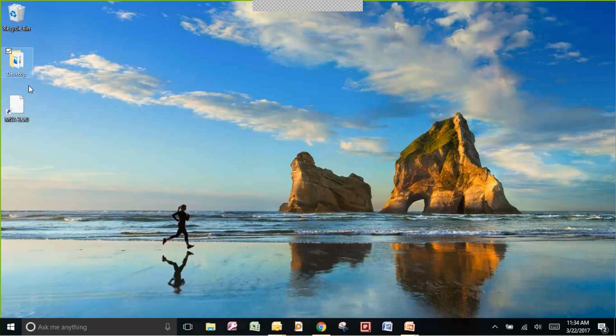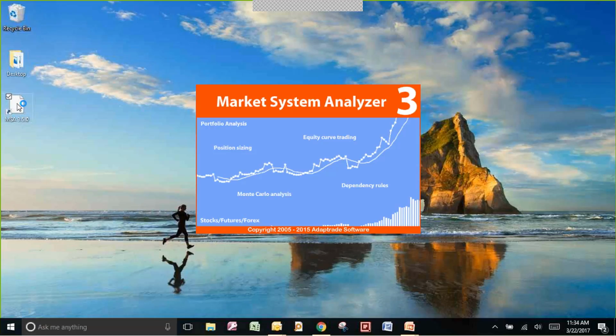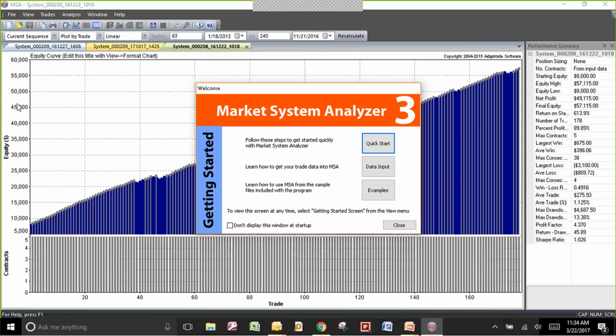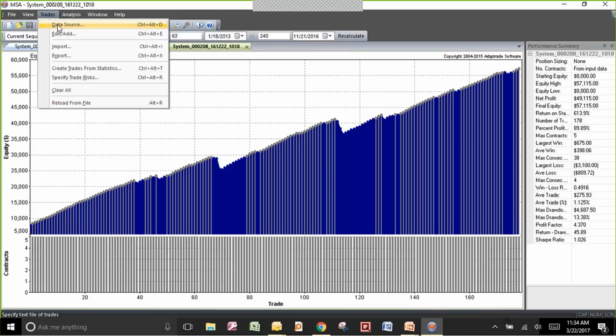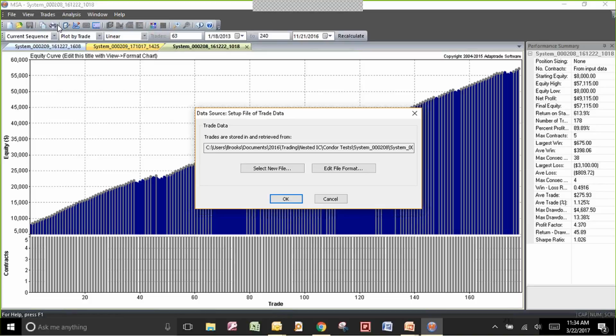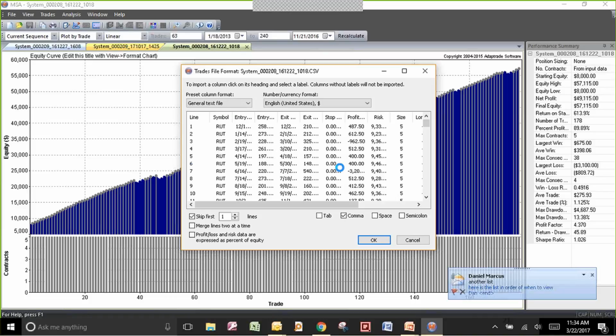Let's see here. Nothing like a visual. Okay. All right, so this is the program itself. When you want to import trades, you go up to the menu and you click on Trades, and then you click on Data Source.